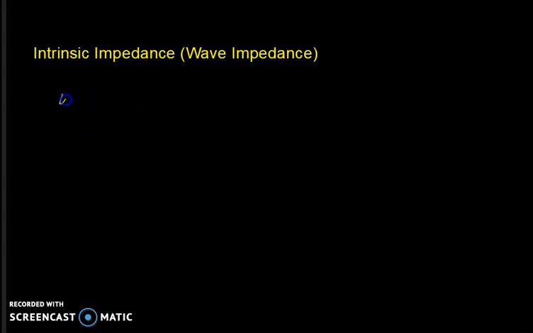So the wave equation states that, using the wave equation we can represent an electromagnetic wave: mu epsilon d square E by dt square equals.